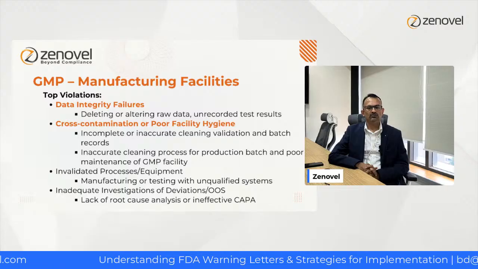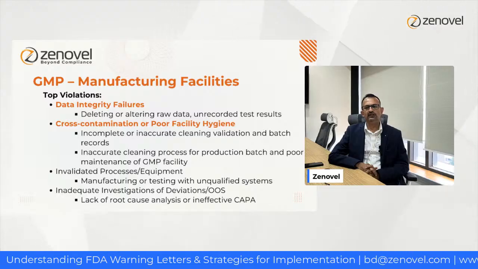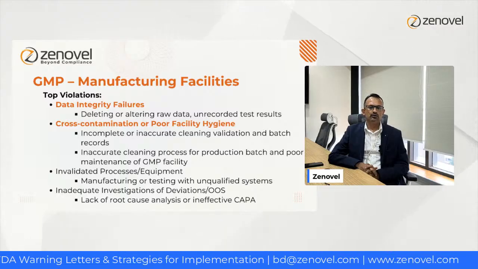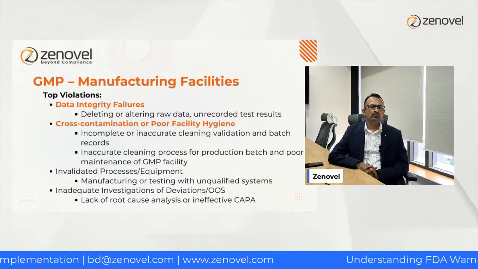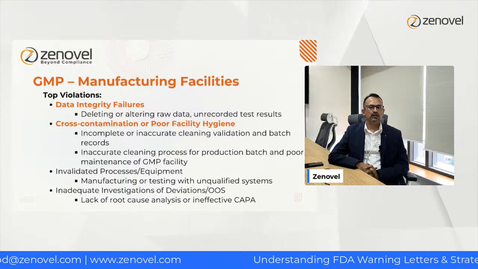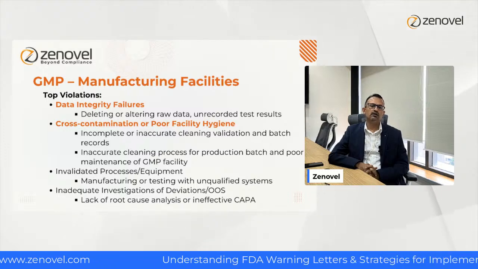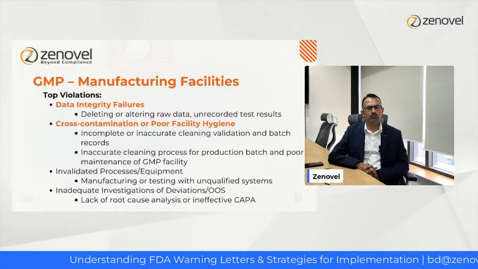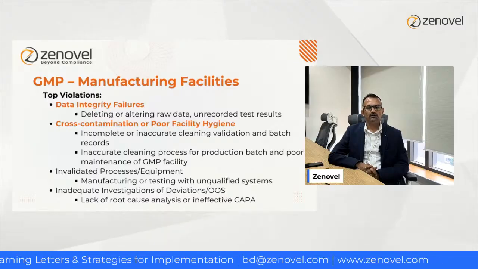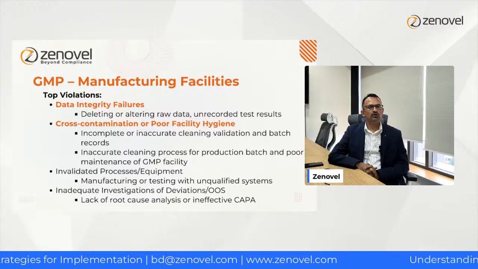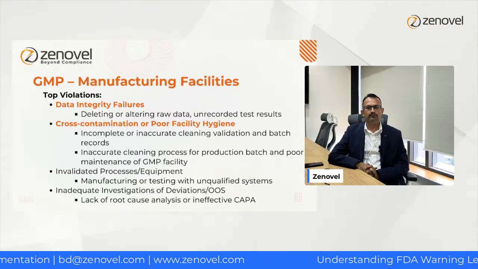Next is cross contamination or poor facility hygiene, and incomplete or inaccurate cleaning validation and batch records. During the validation of cleaning of a reactor or production equipment, it is sometimes found incomplete or inaccurate, and even batch records were not properly maintained.